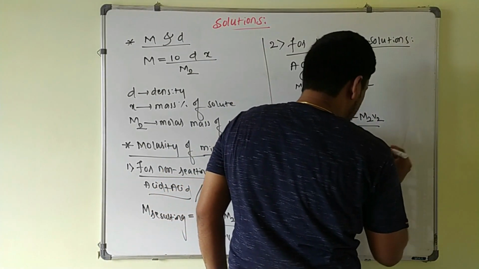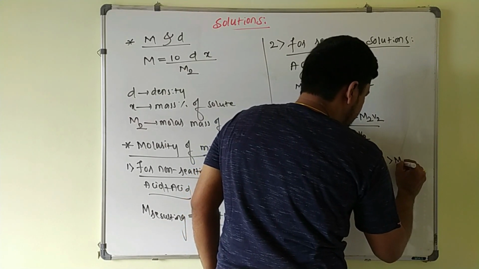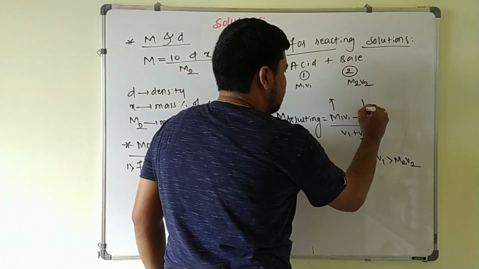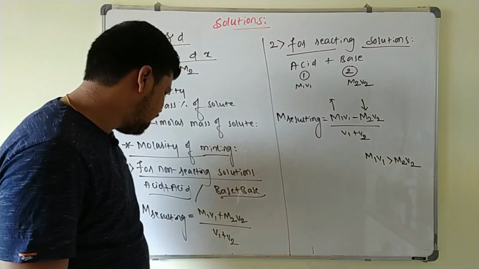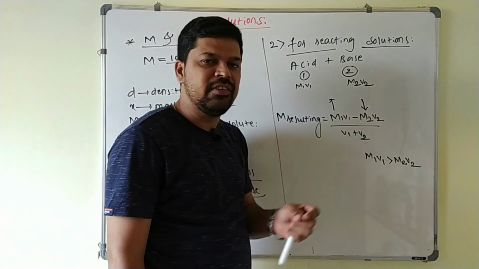In this case, always keep in mind M1 V1 is greater than M2 V2. Then for the resulting molarity you take a negative sign here, and positive sign for non-reacting. Non-reacting, take positive sign; reacting, take negative sign.